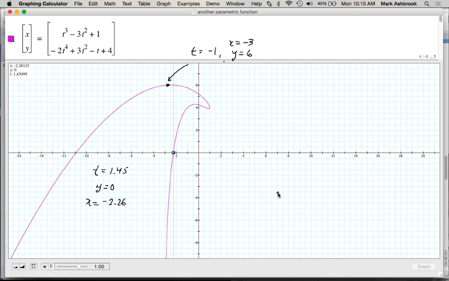So the question is, what if I were to do this integral? I'm going to integrate from -1 to 1.45 of g of t f prime of t dt.